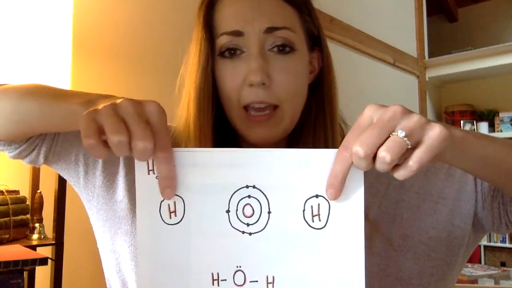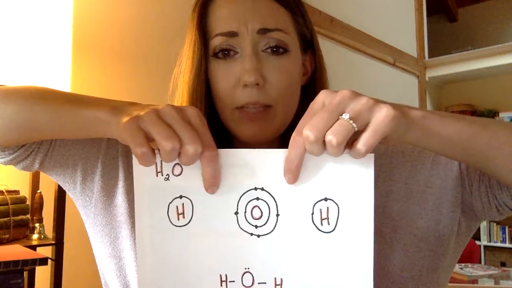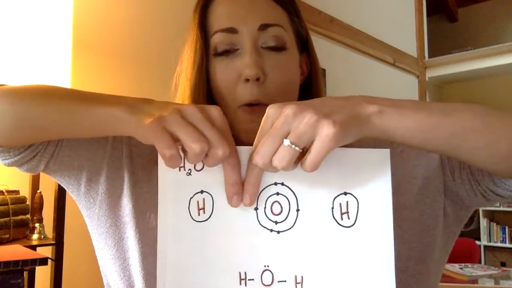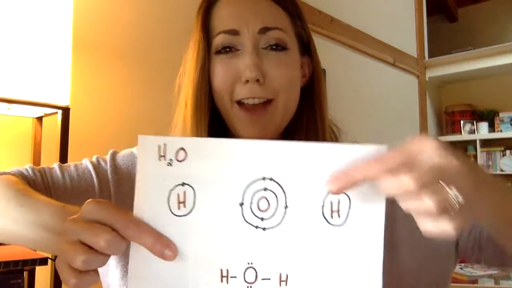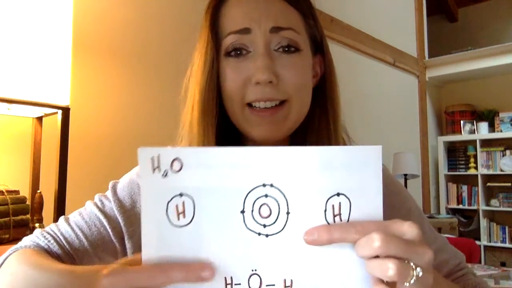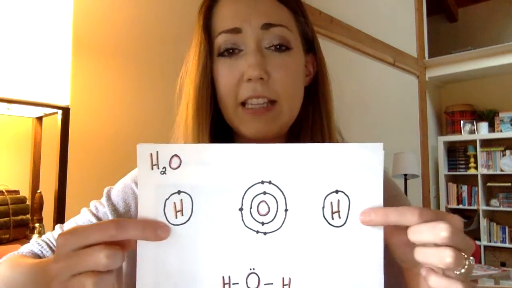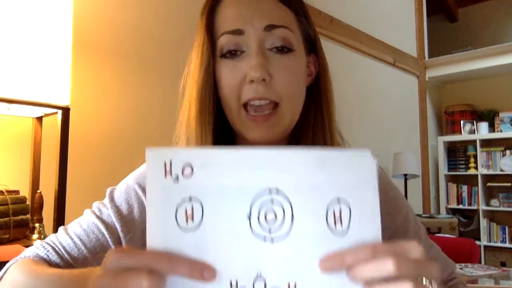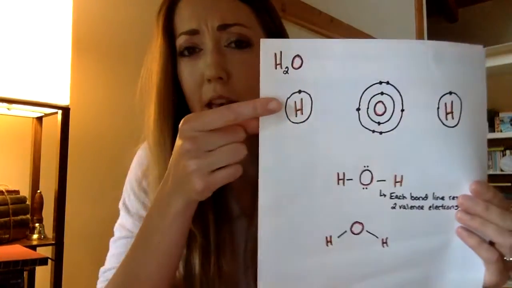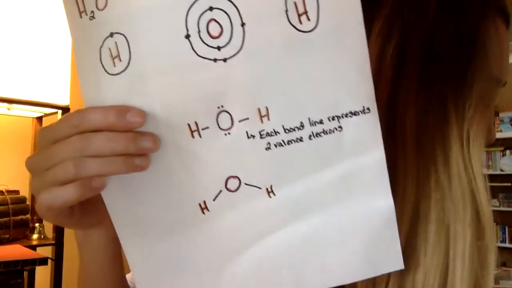Remember when we took our beads and we brought them together and boom. Wow, my brain is getting such a workout. So they bond in a covalent bond to have a full 8. Hydrogen gets its 2, oxygen gets its 8. They're all stable.